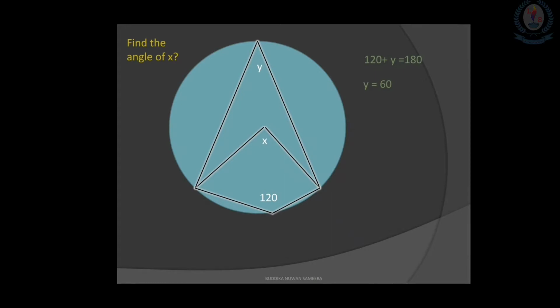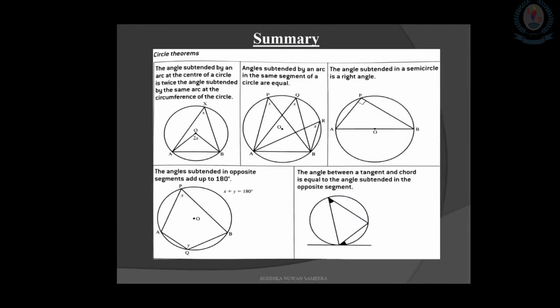From the circle theorem, the angle subtended by the circumference is half of the angle subtended by the center. So the angle subtended by the circumference is 60, then the angle subtended by the center should be twice 60. That means it is equal to 120.